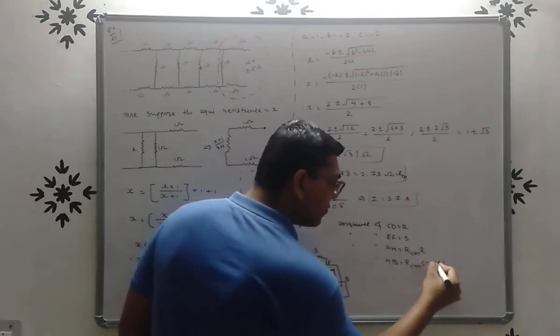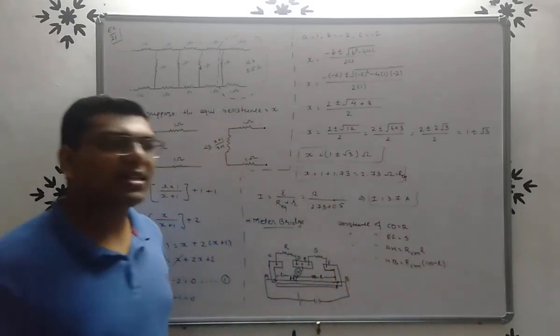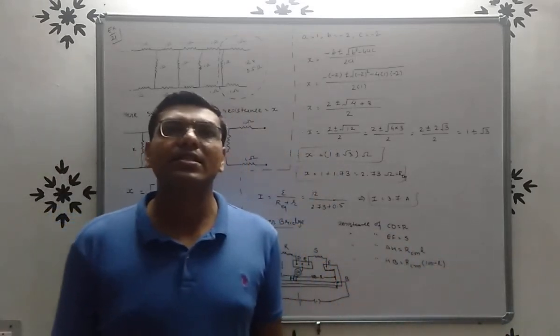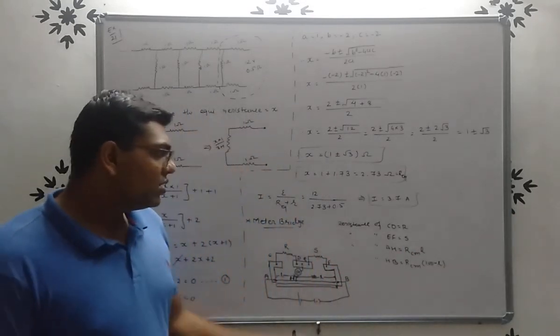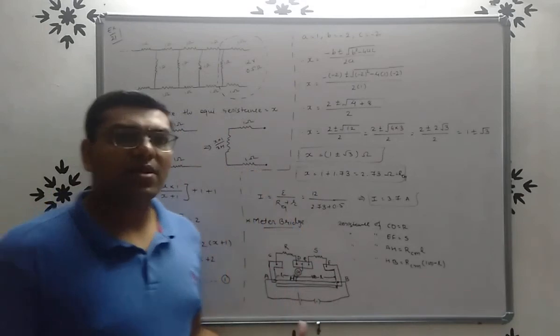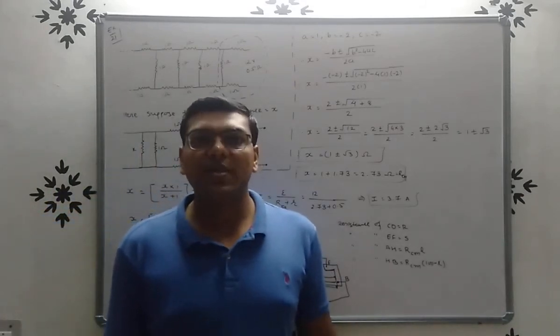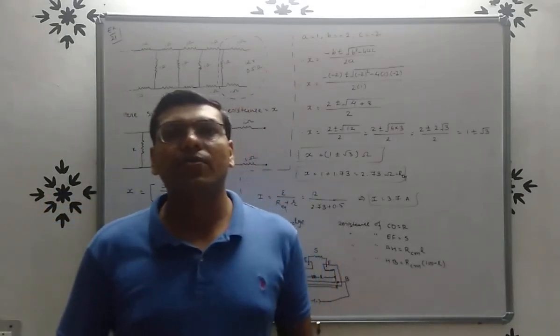Again friends, what is RCM? RCM is the resistance per unit length, right? Again friends, here this meter bridge acts as a Wheatstone bridge, and we know that Wheatstone bridge has 4 resistors.